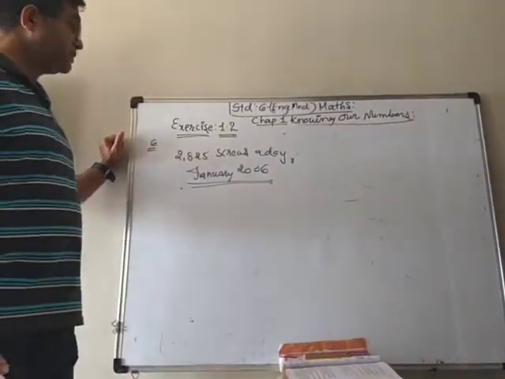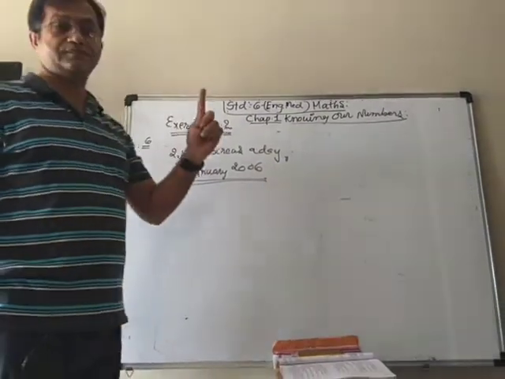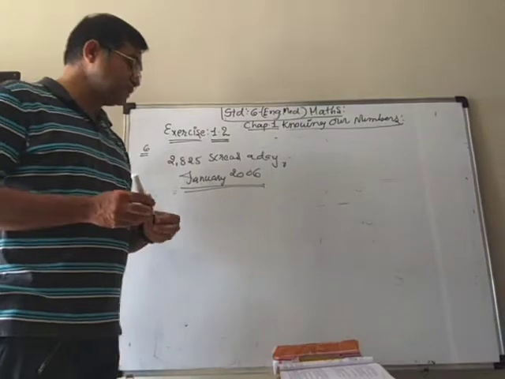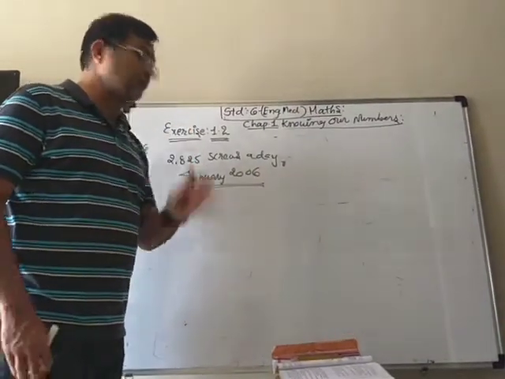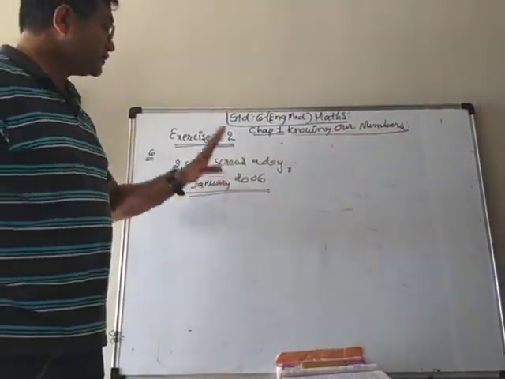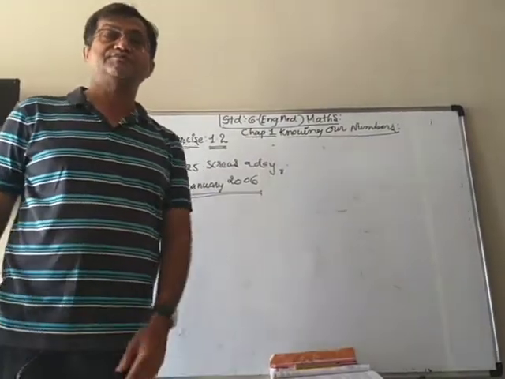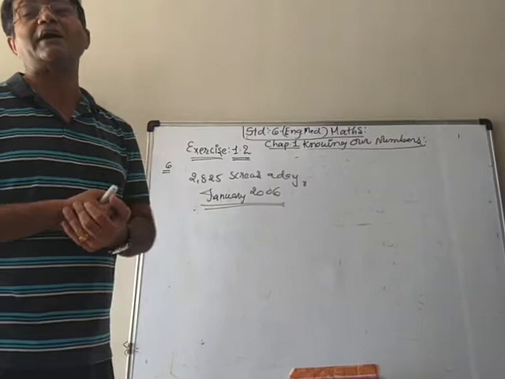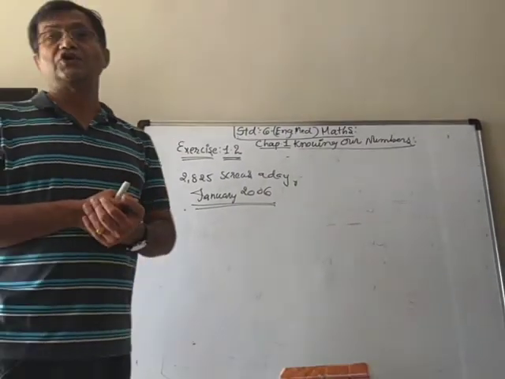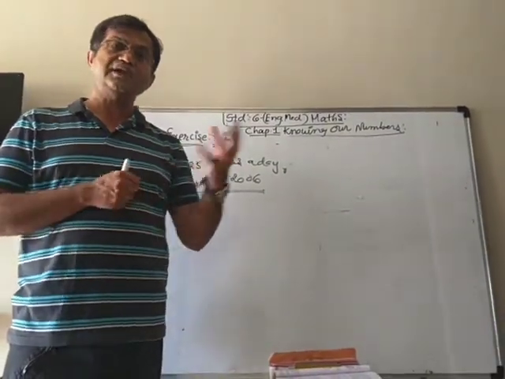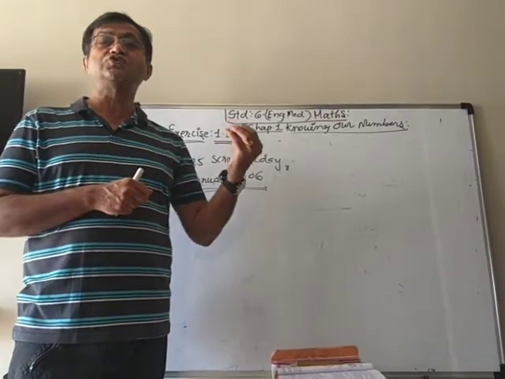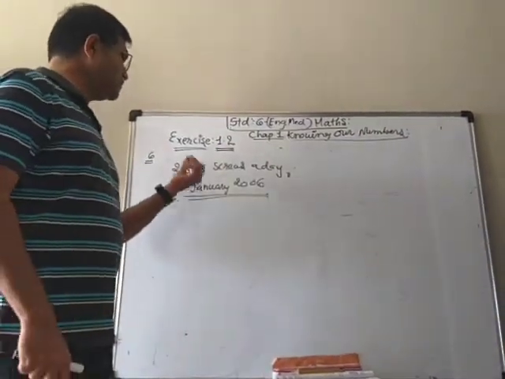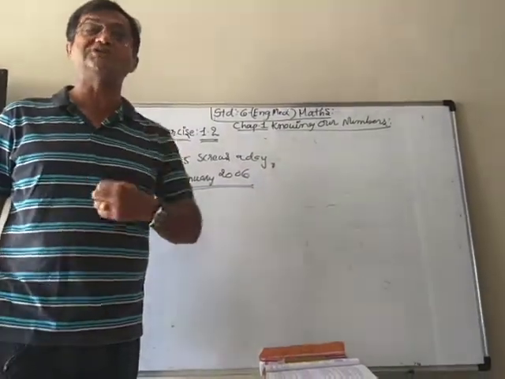Now, it means that in one day they manufacture 2,825 screws. Now, in the whole month of January, how many screws did they manufacture? So here, obviously, you will understand that we have to do the multiplication. 2,825 multiplied by how much?